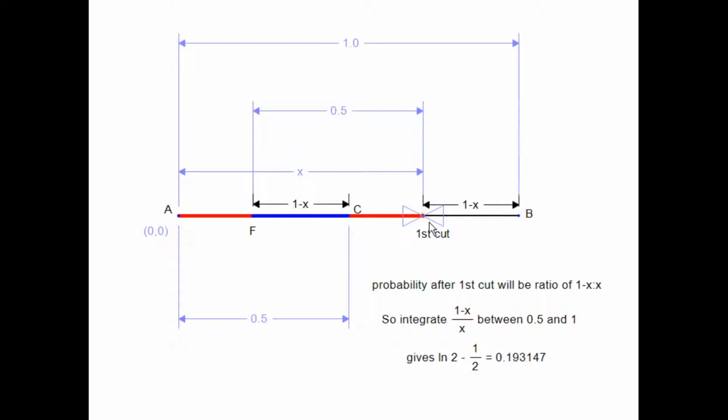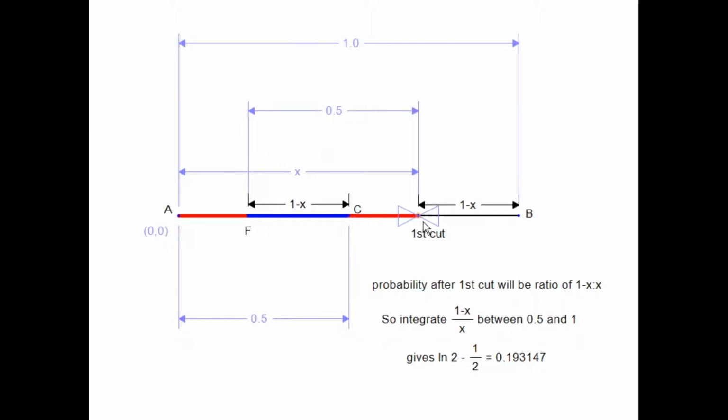Similarly, if you make the cut too close to A, then you would leave the center section greater than half, and then that also wouldn't work. So this blue bit is the only range that could possibly work.